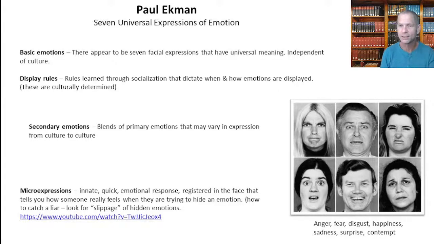Now, think about this, universally recognized. If something is universal, then it is free of culture, then it is somehow built into the system, right? If it's universal, for some reason it has some sort of evolutionary value. It has some sort of biological programming in it that it doesn't matter where you go, you still use the same facial expression. Think about it.